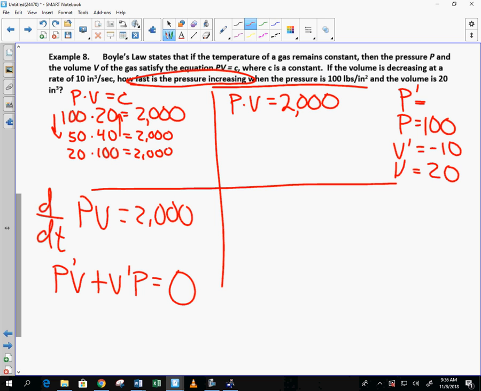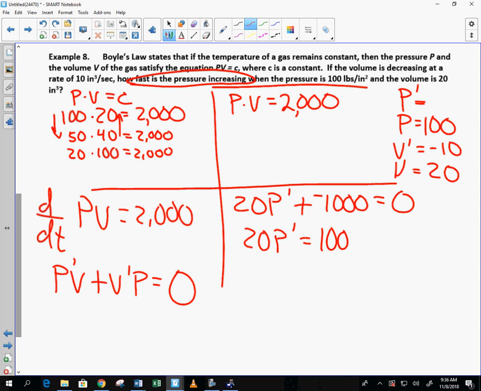What is P prime? What is V? We have 20 P prime plus V prime times P. Negative 1,000 is equal to 0. So 20 P prime is equal to 1,000. Divide by 20. I get P prime is equal to 50.